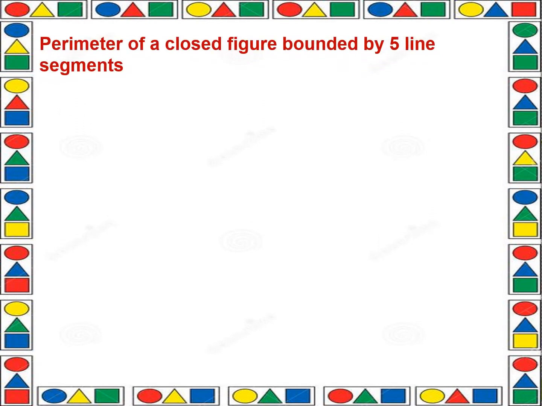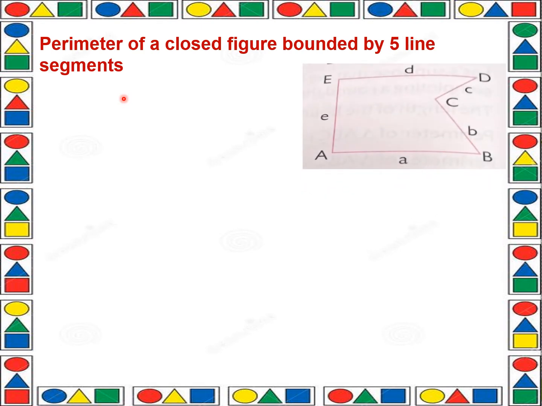Now next, the perimeter of a closed figure bounded by 5 line segments. The perimeter equals the sum of all sides: AB, BC, CD, DE and EA, the fifth line segment.